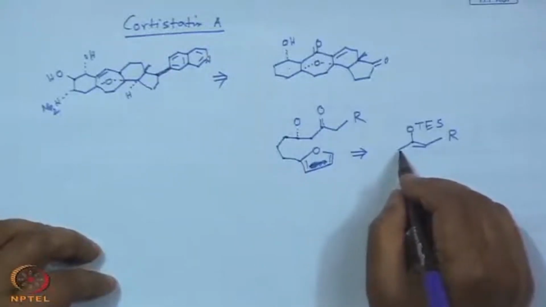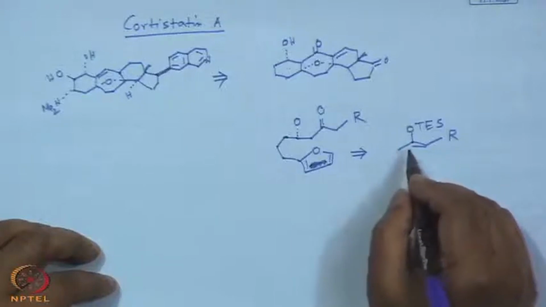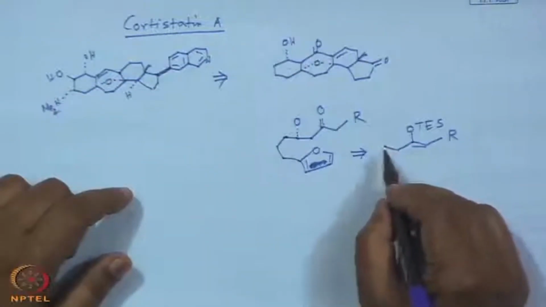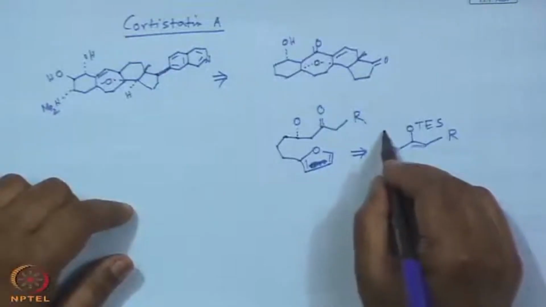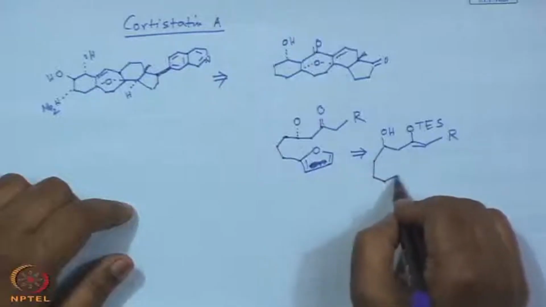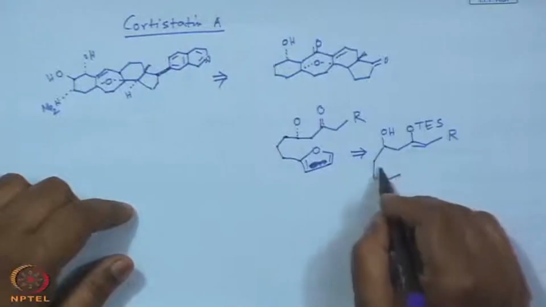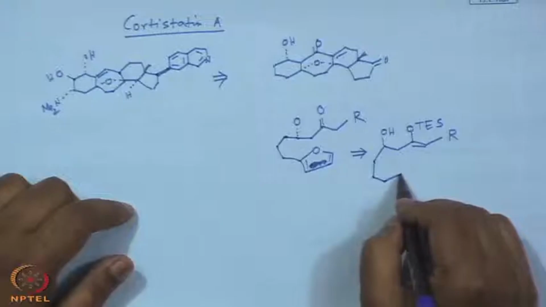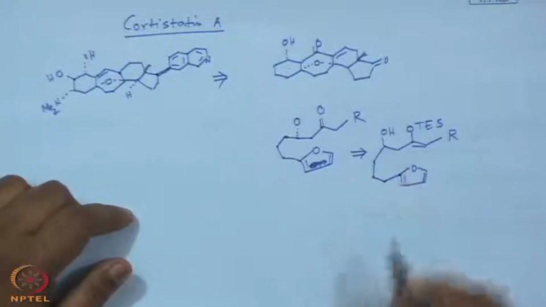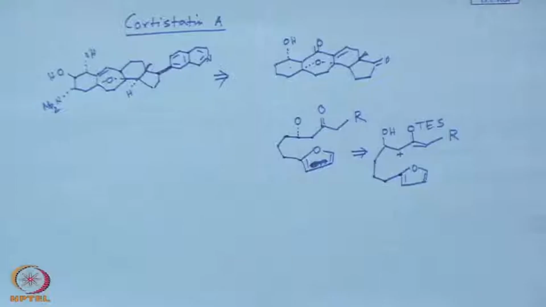TES is the triethylsilyl group, and R. This one is not having anything, right. But the other position will have an OH group, and then you have 1, 2, 3 and the furan, right, 1, 2, 3, and this is the furan part.